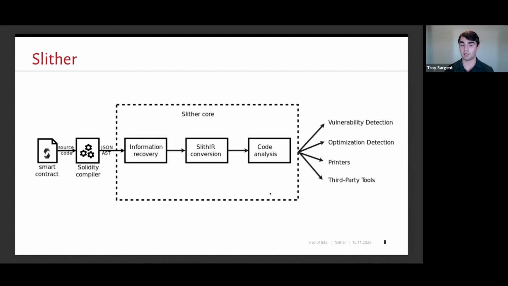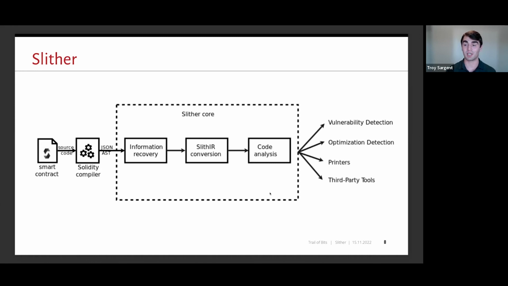We take the abstract syntax tree and we parse it. It's a JSON format. So we parse this JSON object into another format called Slither's intermediate representation, which is just another format that's more concise and well structured than source code.